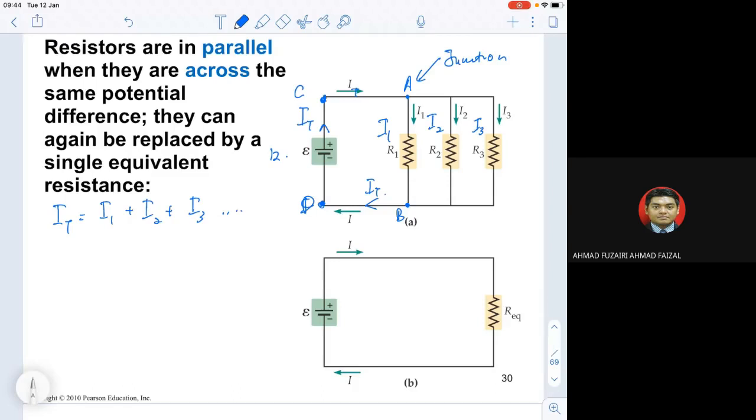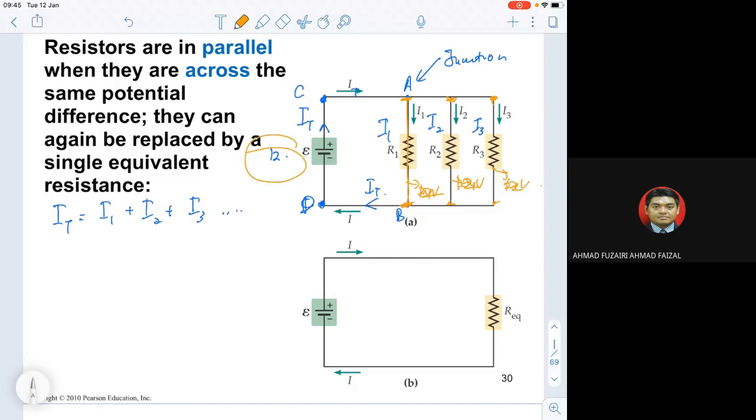We can also get the same thing from here to here, also 24 volts. This point to this point is also 24 volts. Oh, sorry, 12 volts, 12, 12, 12, because I see 12 here, right?